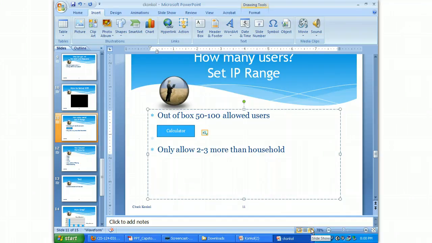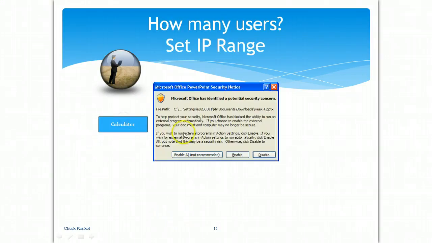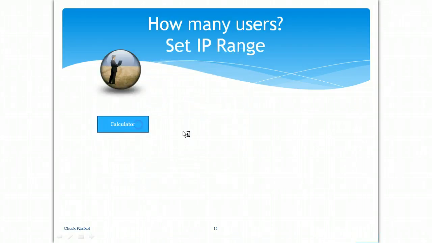Let's go ahead and click on the slideshow button for this slide and test that button real quick. You'll take your mouse and click on it. Enable, you want to click on Enable All. And then it should launch, you exit out, and do it again.